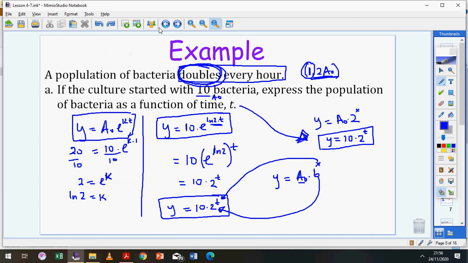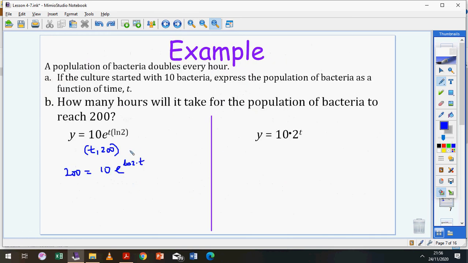So if I'm using the equation from the model, and again I'll try to write very clearly, then I'll have 200 equals 10 times e to the power t natural log 2, which is the same thing as natural log 2 times t. Divide by 10 both sides, I have 20 equals e to the power t natural log 2.